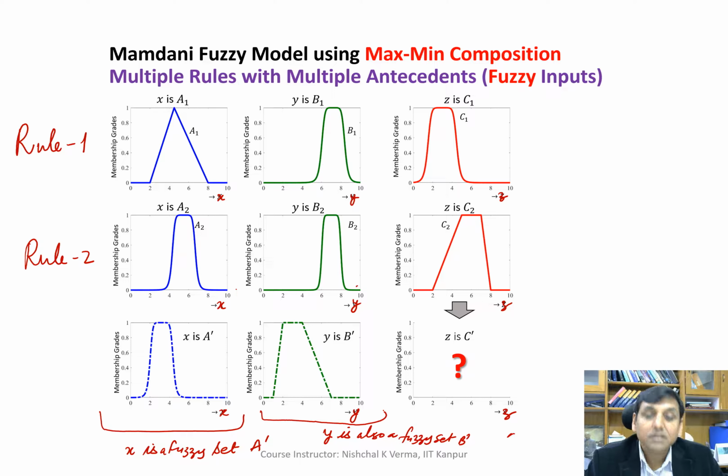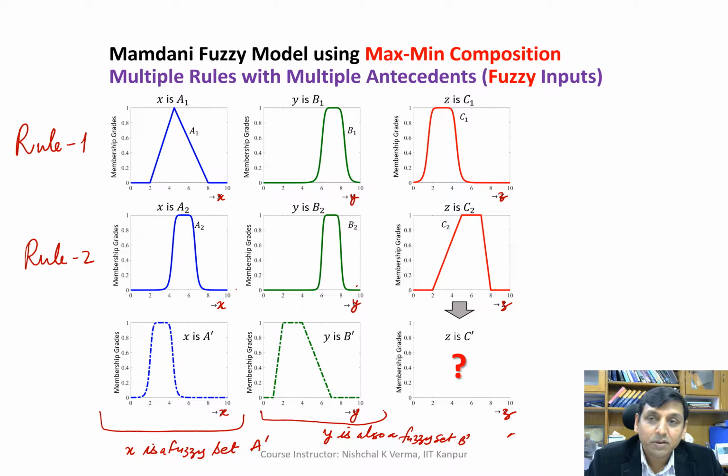Alright, so now let us apply this. This is very simple, and as we have done in the second scenario, let us take rule number 1 first and take these two x, y fuzzy values, superimpose them, and then find the points of intersection.